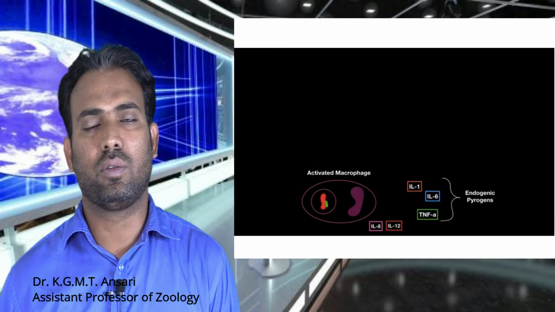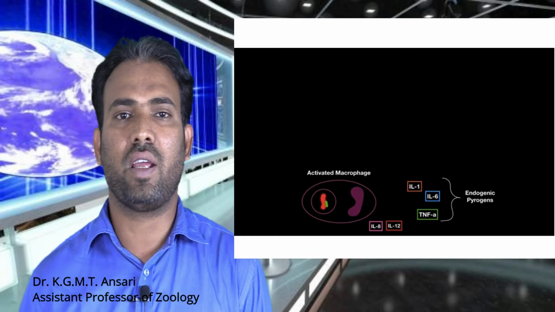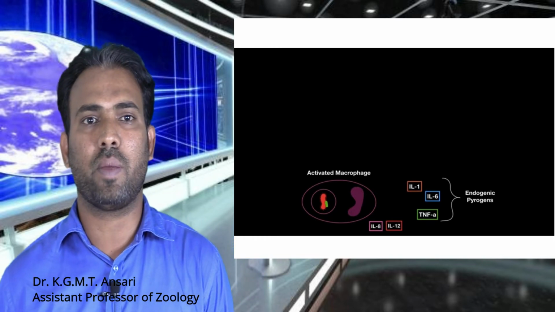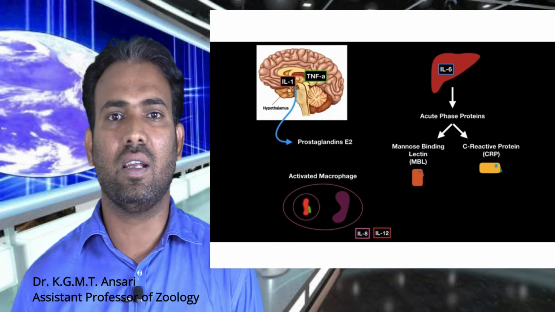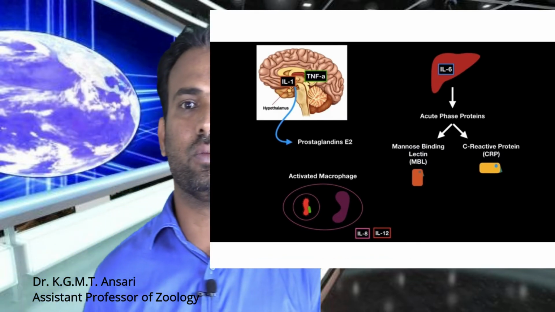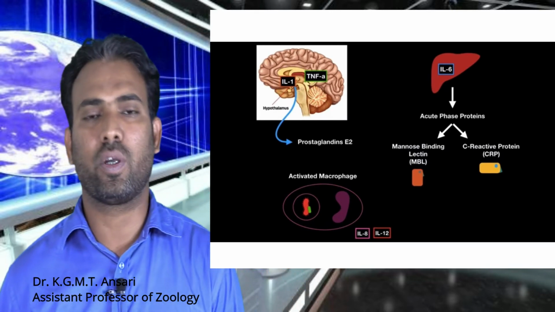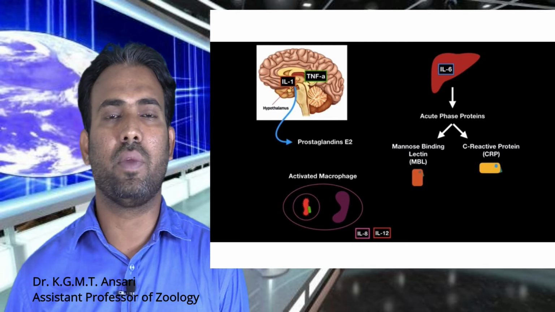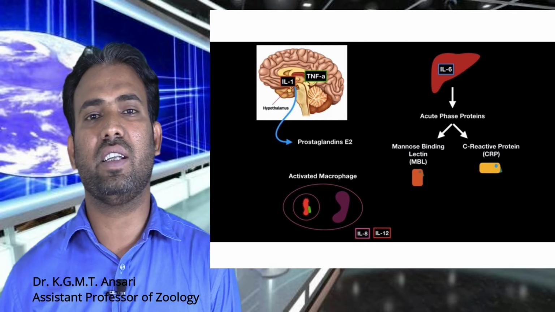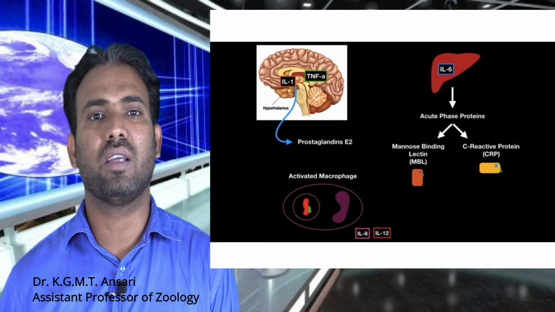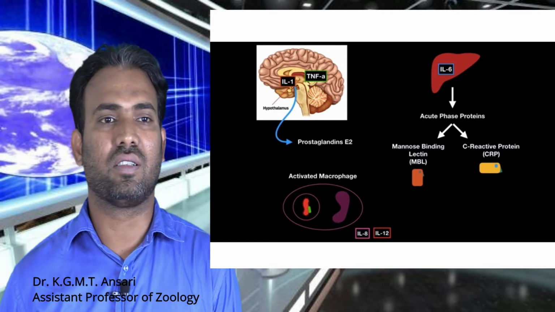It may go through 2 different acute phase protein pathways, the mannose binding lectin pathway and the C-reactive protein pathway. These 2 pathways may happen. We will discuss this part in the following sessions.